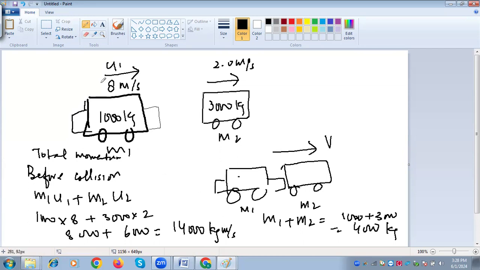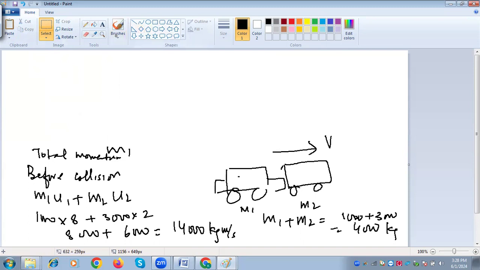So which formula will be applied here? M1U1 plus M2U2, that is total momentum before collision. And this is after: M1 plus M2 into V. What is M1 plus M2? 4,000.